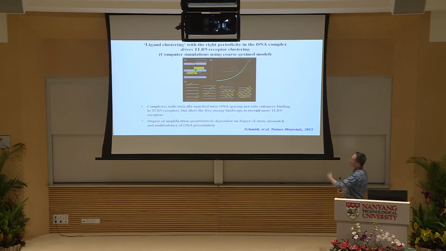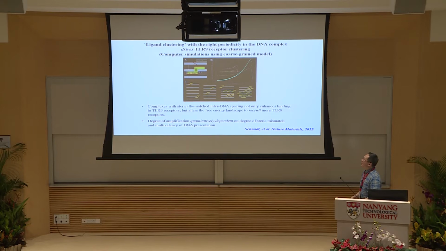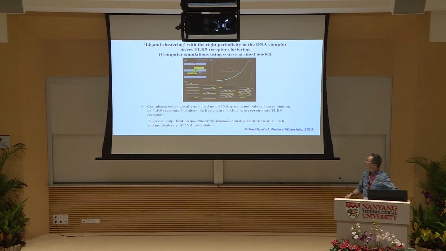They did a coarse-grained computer simulation. They looked at what happens with two-dimensional DNA lattices at different spacing that is presented to an array of toll-like receptors, which is represented by this green piece that you see binding up top.